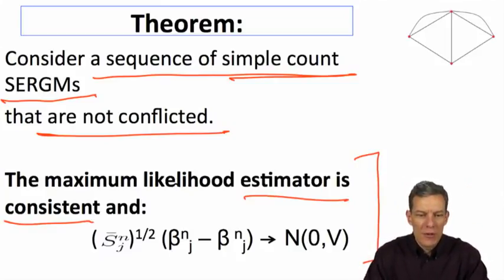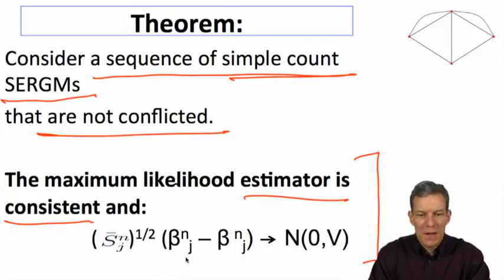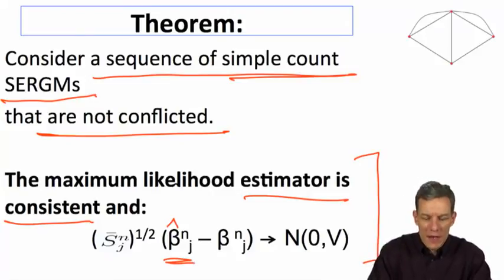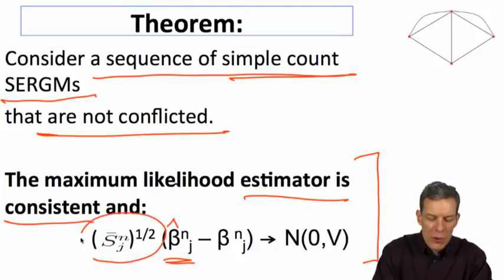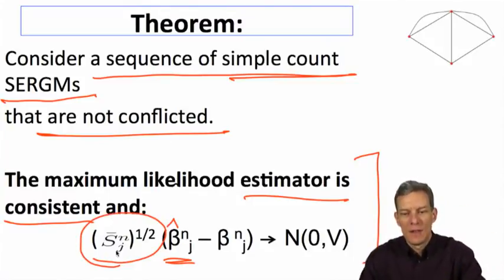And in particular, if you want to ask how quickly the estimated beta that we're coming up with converges, the estimated beta compared to the true beta is converging at a rate proportional to the square root of the maximum possible value of that statistic.